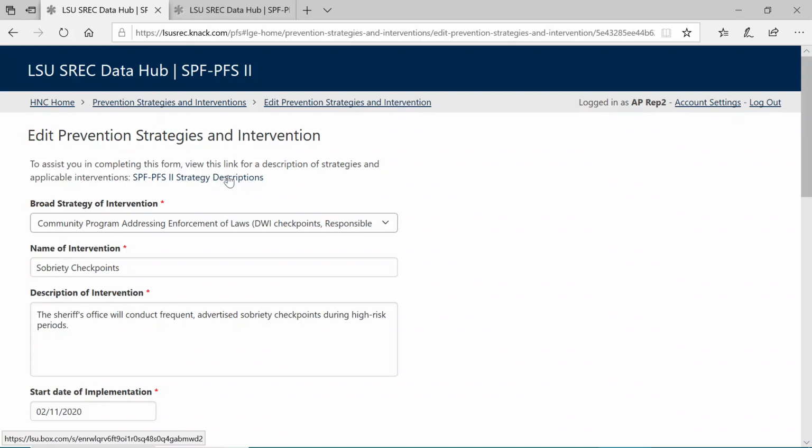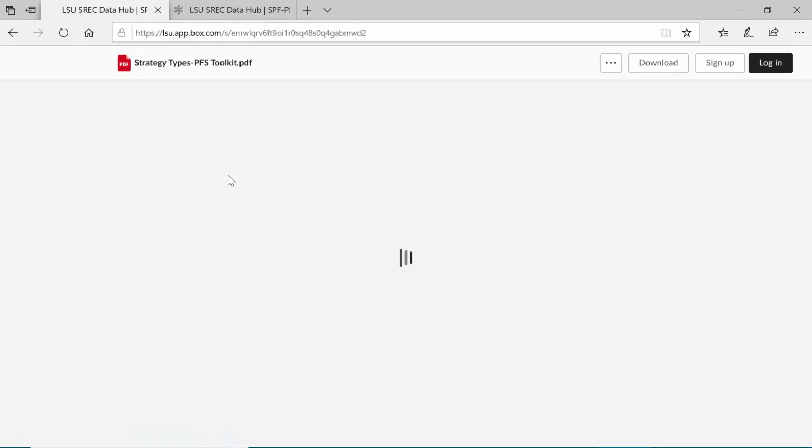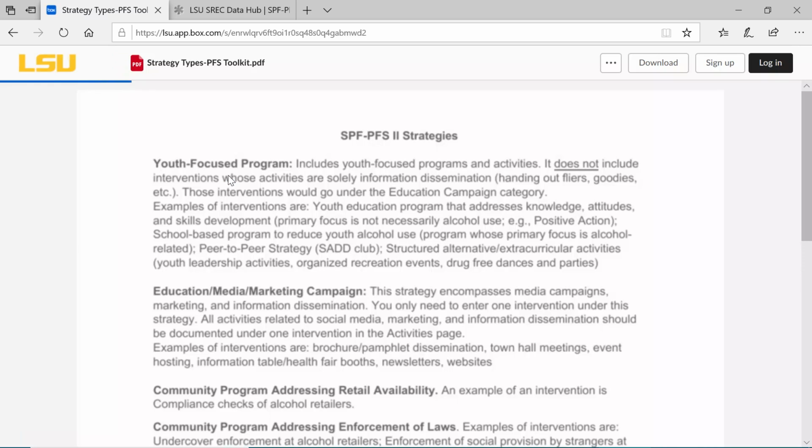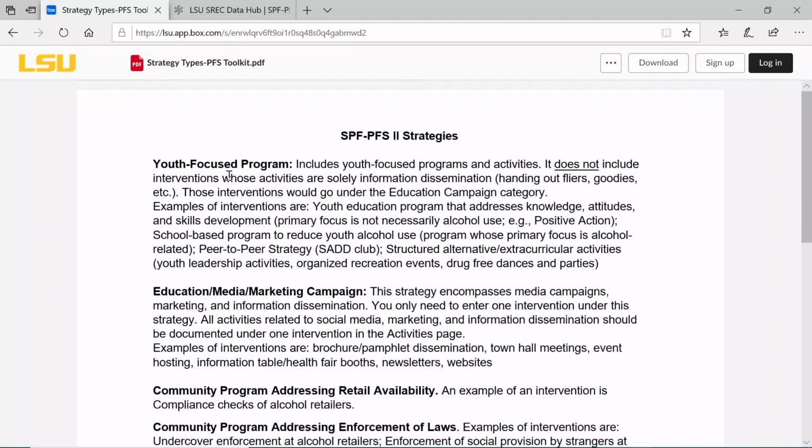If you click on this, it's going to open a Word document that gives descriptions and guidance as far as which strategy to choose. The youth focus programs are going to be programs like Life Skills, Positive Action, Sudden Impact, SAD club.